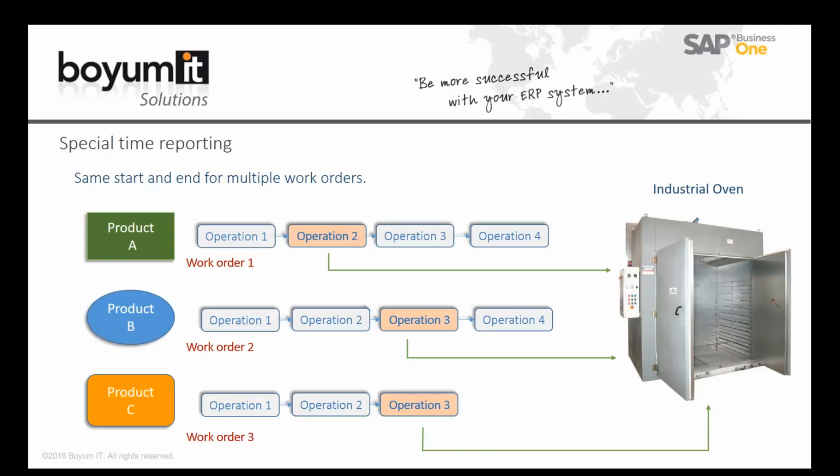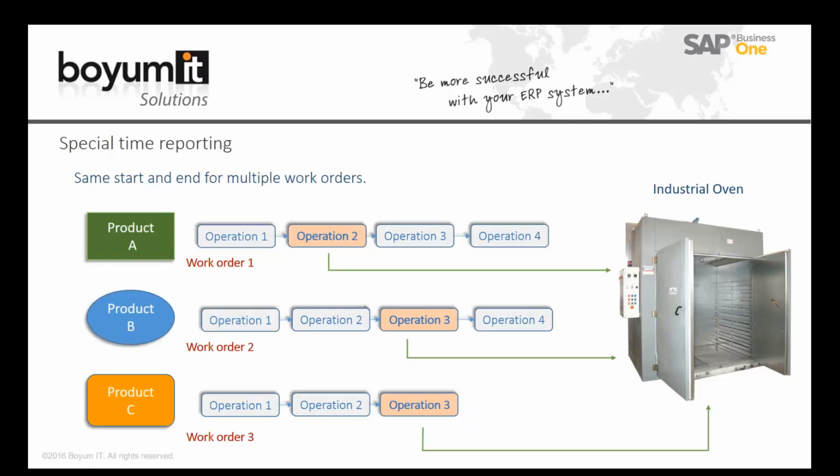When I say common, probably because they use the same machine, use the same resource, and probably we can use this resource at the same time for all of them. Not necessarily is it going to be one of them first and another work order later, and so on.